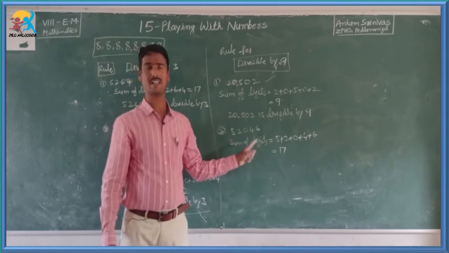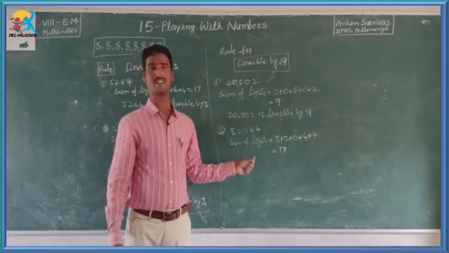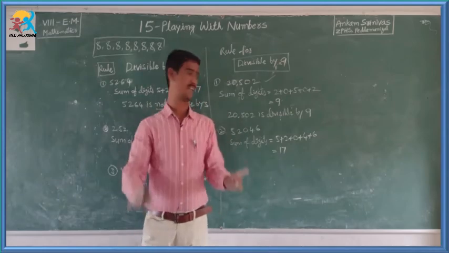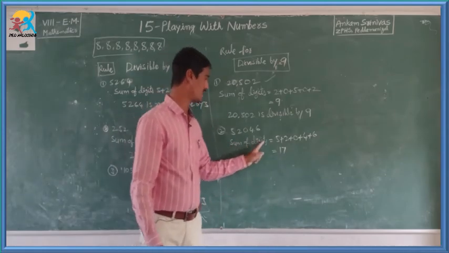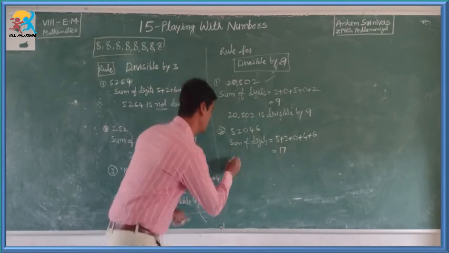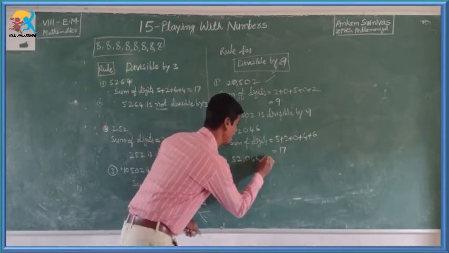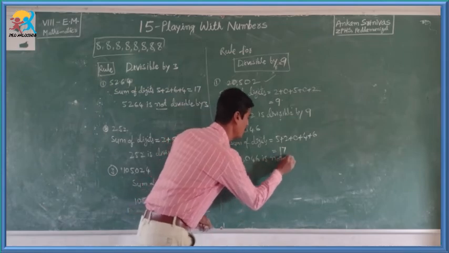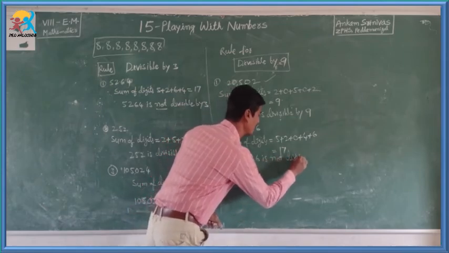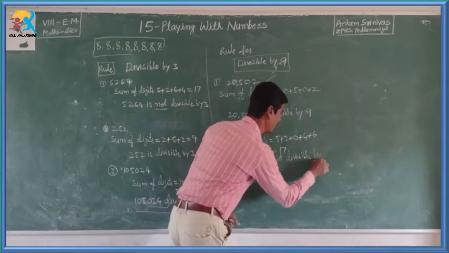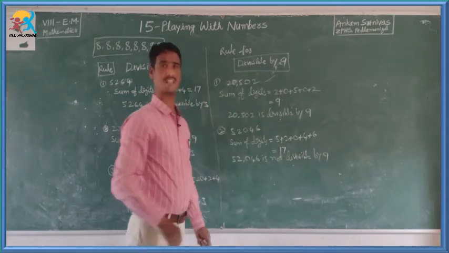If not, it is not divisible by 9. So here the sum of digits is 17. 52,046 is not divisible by 9. Yes or no, children?